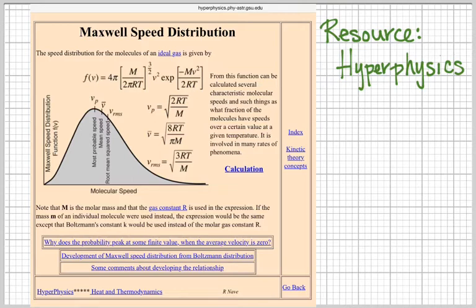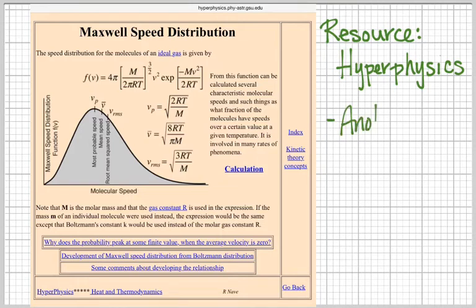So you're seeing this idea in this particular page for the Maxwell speed distribution. What you're looking at is that kind of distribution of speeds of gas molecules, that would be associated with velocities and ultimately how many molecules are traveling at a certain velocity. And that would be encompassed within the Maxwell-Boltzmann distribution, which you're seeing right here.